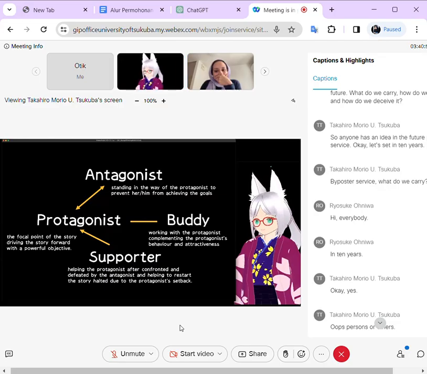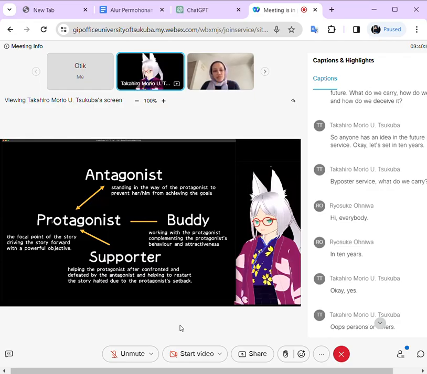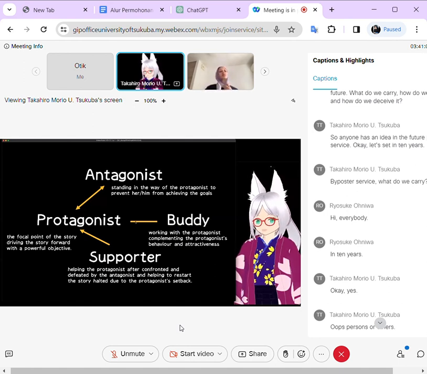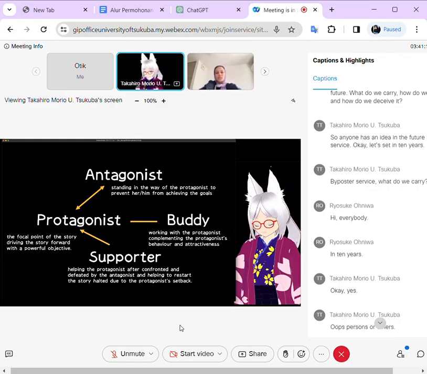For example, in the Star Wars story, the protagonist is Luke Skywalker, and the buddy is Han Solo, who helps him. They have very different characters.